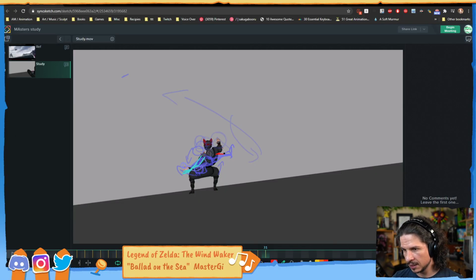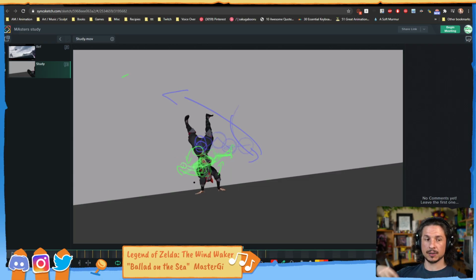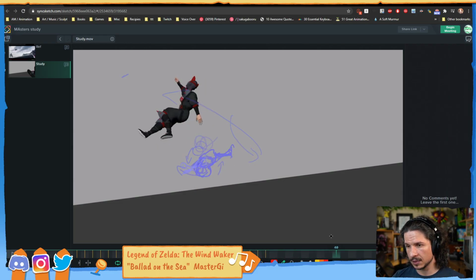The other arm stays where it is. And the body finishes the flip as the hips come down. So you're picking what is leading and what is following. So exaggerating that.